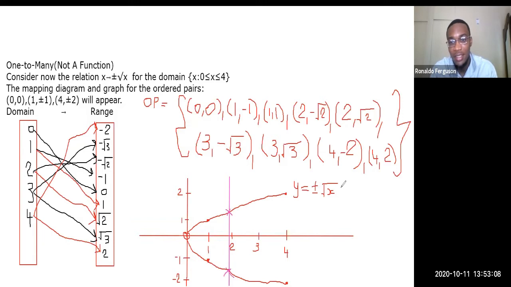And so we could conclude that this is not a function. That's from the vertical line test, not a function. So once the vertical line detects more than 1 point, it's not a function. All right.